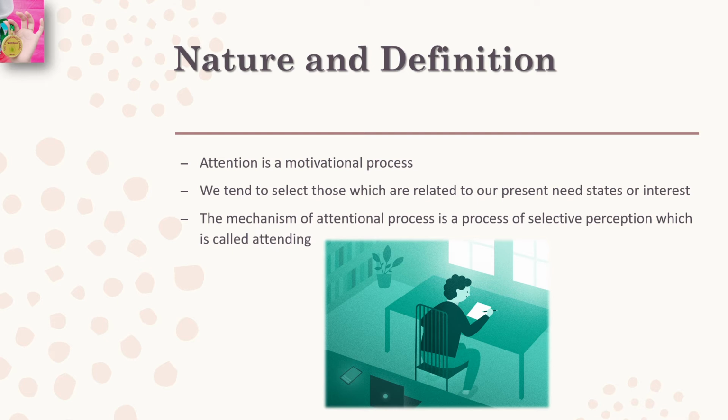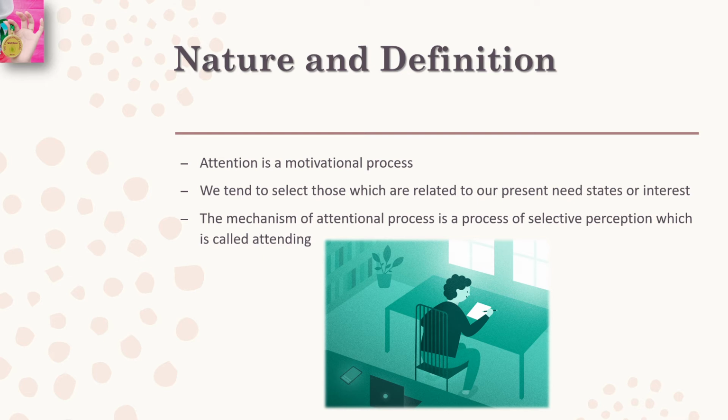Sometimes even somebody's entry to the room and placing a cup of tea on the reading table also goes unnoticed. This means that the reader is selectively focusing on a single activity, which is reading, and the other stimuli of the surroundings are not being noticed.